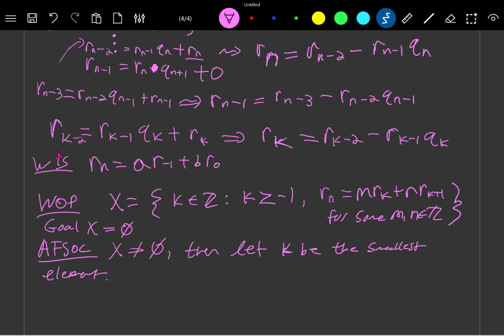Or, is that how we want this to work? Or we could do the largest element, because this is the set of k between 0 and n.